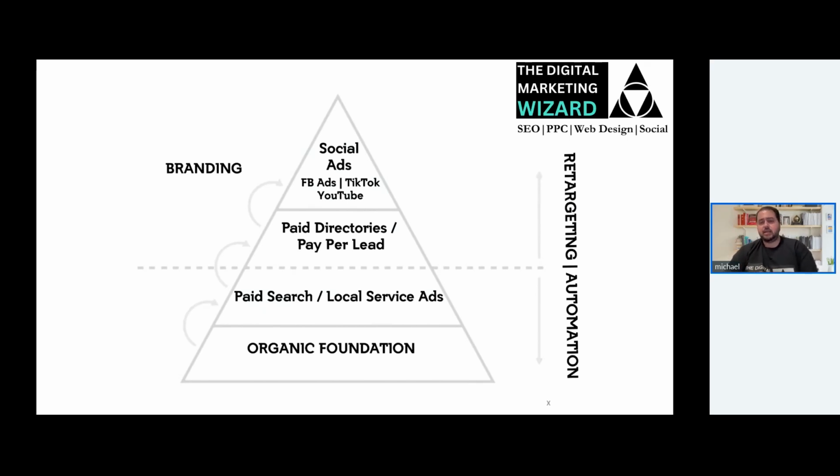I know we talked about some of the automation, but the retargeting is just crucial. To explain, retargeting is just pixeling everyone that comes to your website and serving them banner ads. So basically, they come to your website, they get a pixel.